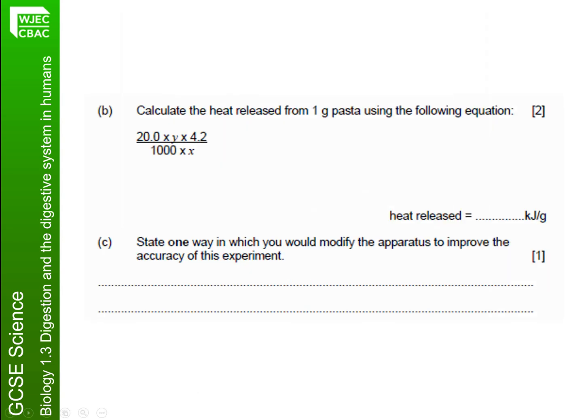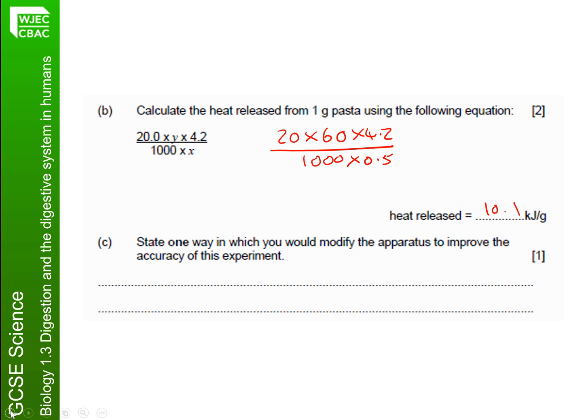So if we now put those values into the equation, would give us 20 times 60 times 4.2 divided by 1,000 times 0.5, which would give us an answer of 10.1 kilojoules per gram.